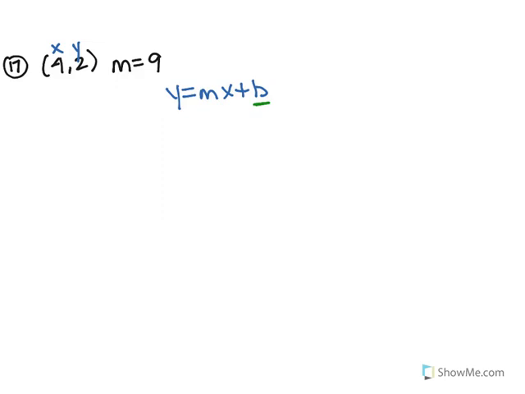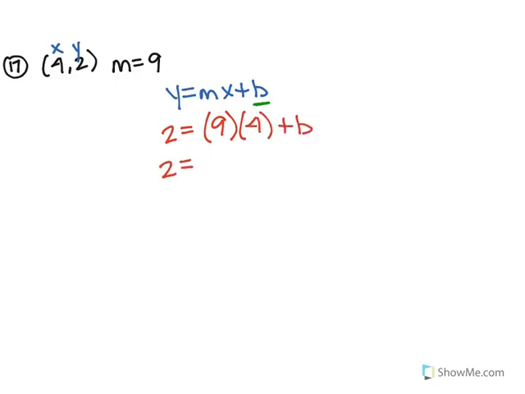And then it's kind of like puzzle pieces. Then I'm going to plug it back in to actually write the equation of a line. So if we were to fill in the blanks, your given y coordinate is 2. The m is 9. And the x coordinate is 4.